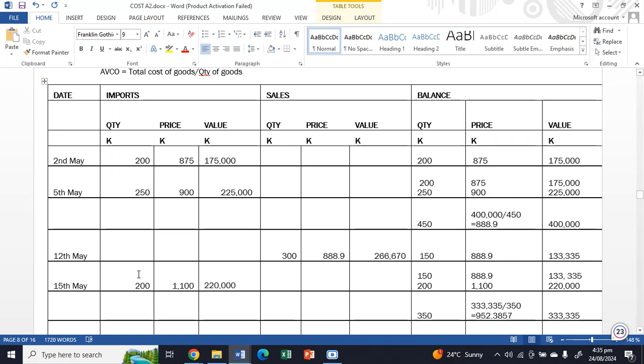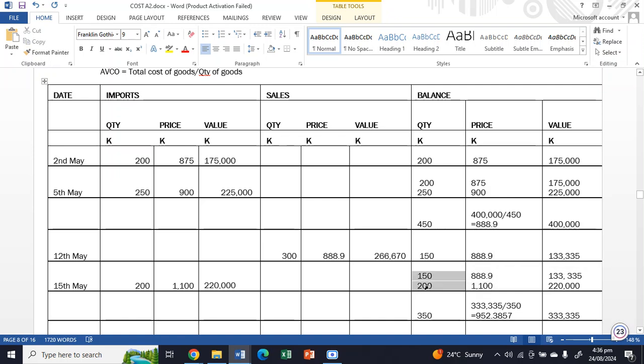You can see the next transaction. We purchased 200 more goods, paid a total of 220,000, meaning each good cost 1,100. Just divide 220,000 by 200, get 1,100. So we had 150 goods valued at 888.9.